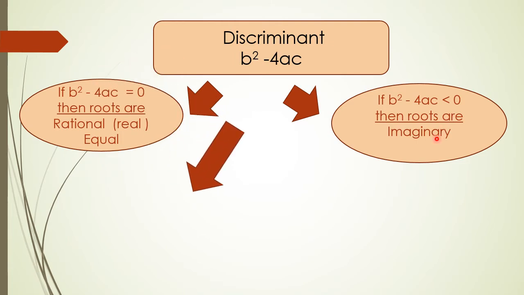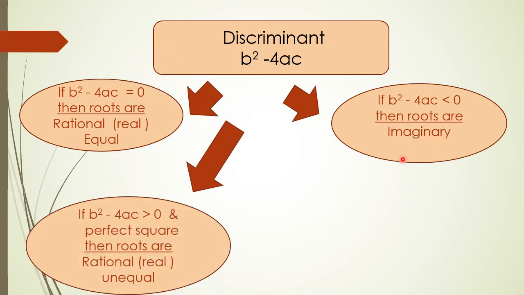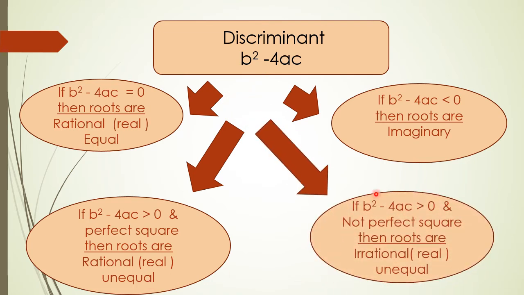The next condition is if b² - 4ac is greater than 0 and a perfect square, then roots are rational and unequal. The last condition is that if b² - 4ac is greater than 0 and not a perfect square, then roots are irrational and unequal.